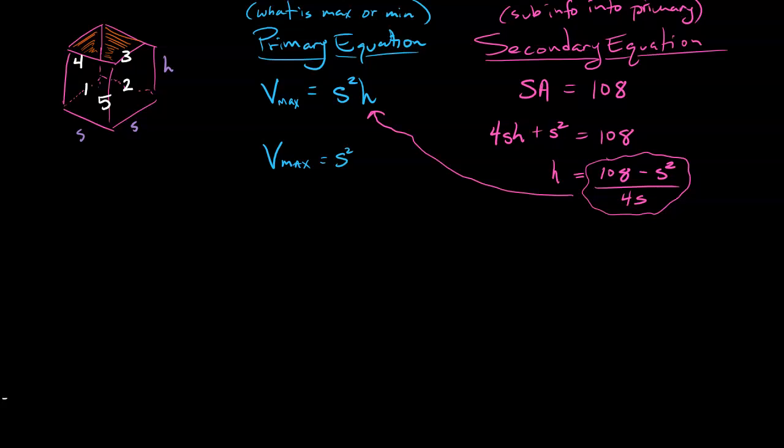So S squared times 108 minus S squared over 4S. And I'll simplify this before I do derivative because otherwise this would be a nightmare. It looks like I can cancel an S. So I have 108S minus S cubed over 4.